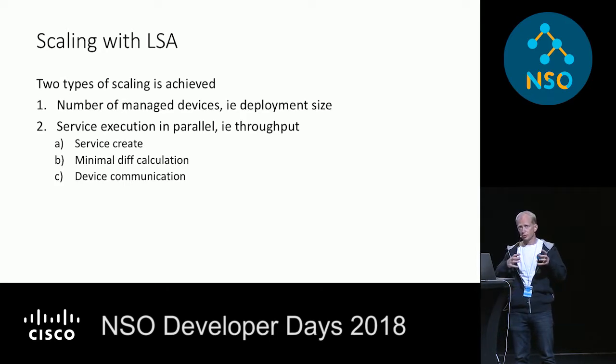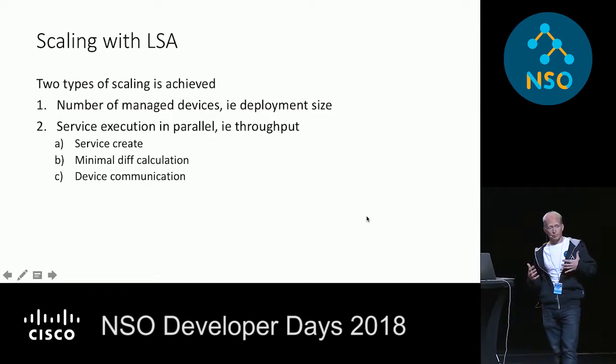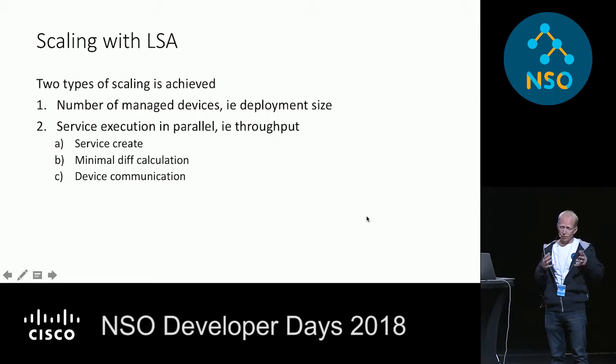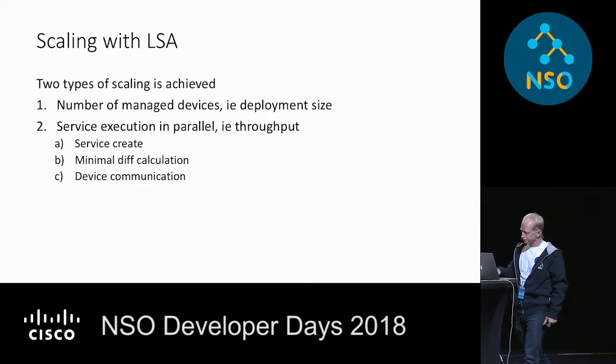And calculating those minimal diffs to send out to the device can be quite heavy, and that can also be parallelized if it's pushed down to the lower layer. And also the device communication gets parallelized. So even on a single node, you can do, say, 100 concurrent communications, but you may still be resource bound by the actual communication.